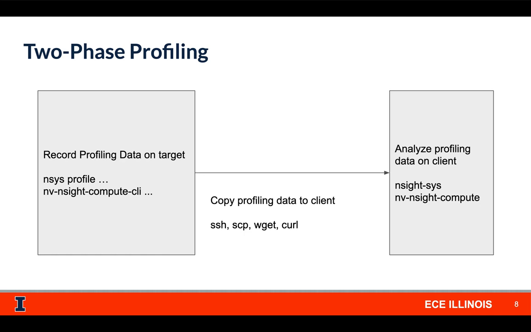Then that will generate some files, which you will copy back to the client by downloading the Rye build directory, and then you'll open up the GUI for Nsight Systems or Nsight Compute on your laptop or on EWS, load up those result files, and see what the performance was like. So the profiling in this case is not necessarily interactive. You can't make a change, run it, and have the results automatically show up in your profile. You'll have to re-download these files and reload them in the profiler to see the results.